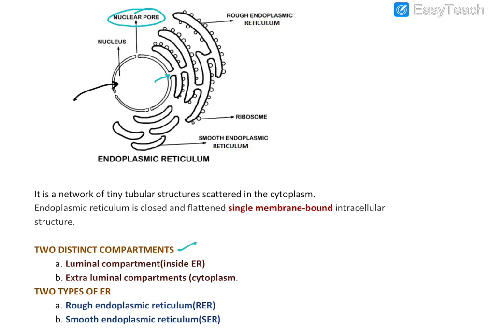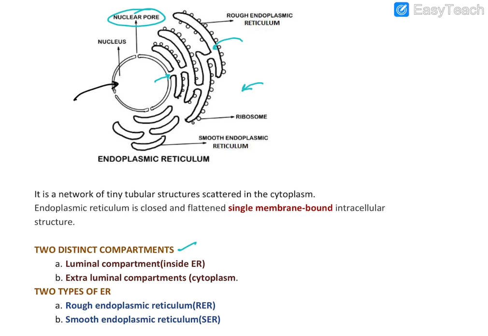You can see on the screen. One is the luminal compartment: whatever space is present inside the endoplasmic reticulum, we call it the luminal compartment. Outside the endoplasmic reticulum, that is the cytoplasm, it represents the extraluminal compartment. So the endoplasmic reticulum has two compartments. One is within the endoplasmic reticulum, the other is outside the endoplasmic reticulum.